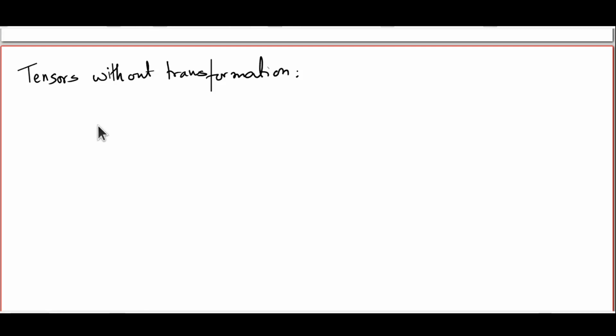But first, let me remind you that a vector being described just by its components is only part of the story. Frankly, the vector v is not just its components. It is basically something like this: v1 e1 plus v2 e2 plus v3 e3 and so on, all the way up to vn en.